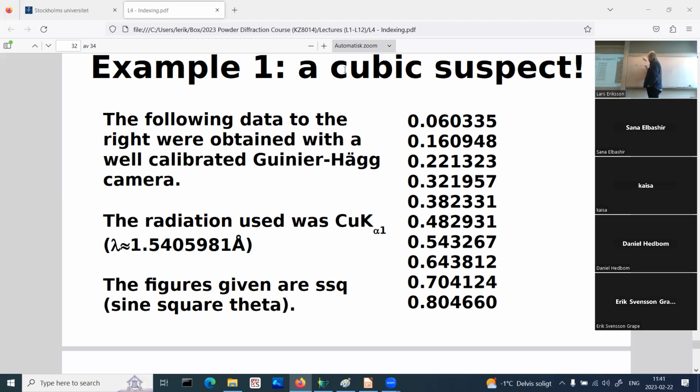For the first one, it's the h1, k1, l1. The second one is h squared plus k squared plus l squared times the first.